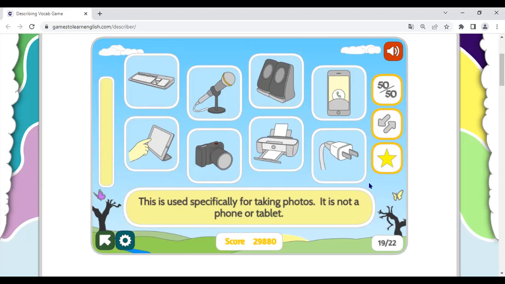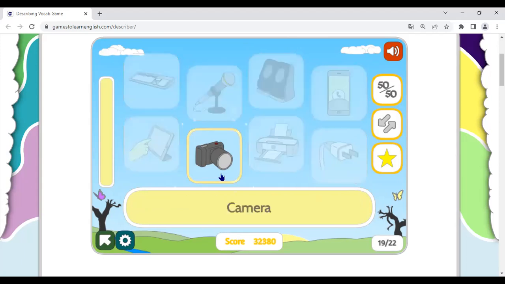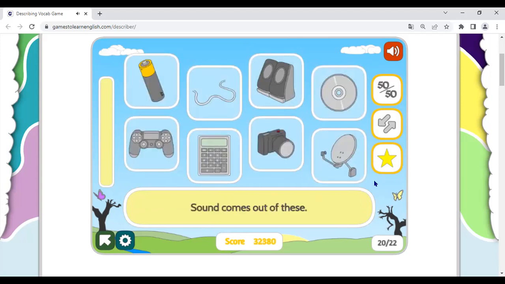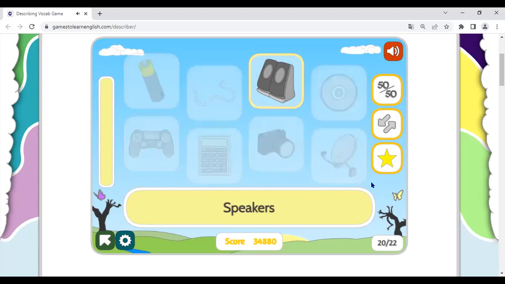This is used specifically for taking photos. It's not a phone or tablet. Camera. Some sounds come out of these. Speakers.